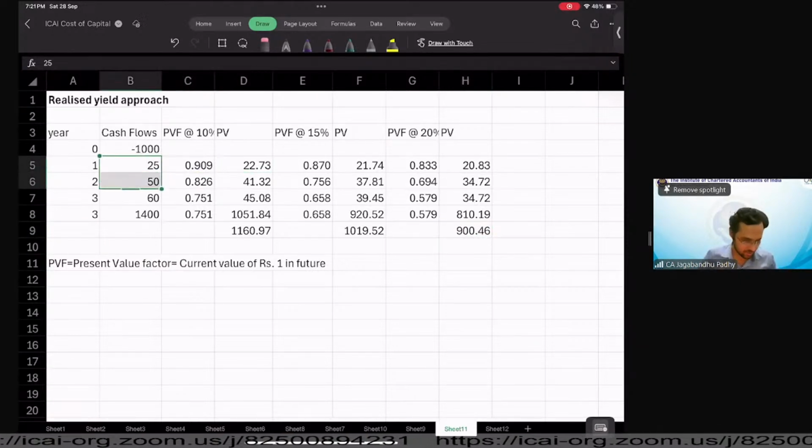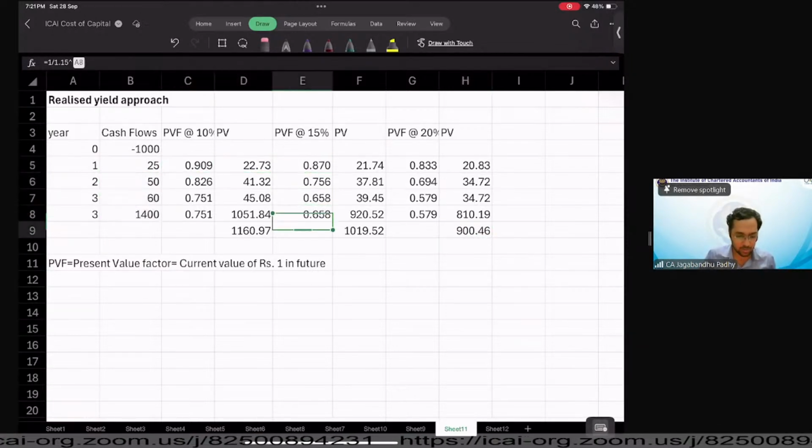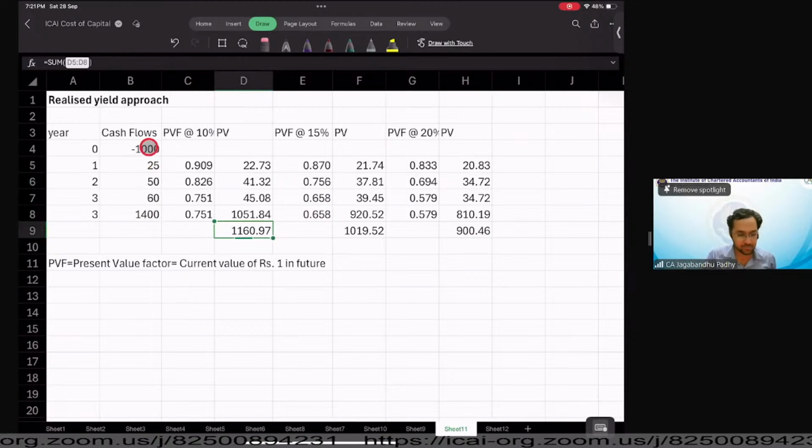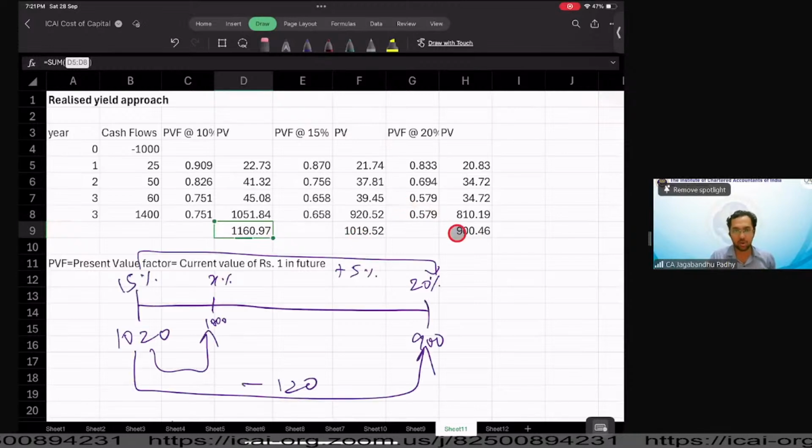We simply took the present value of these cash flows and tried to equate it with 1000, because 1000 was the price that we were paying to acquire the share. At 10% it was not 1000. At 15% also it was not 1000. At 20% it turns out to be 900. So we simply did an interpolation between 1020 and 900. Okay, so that's the same YTM method. Thank you.